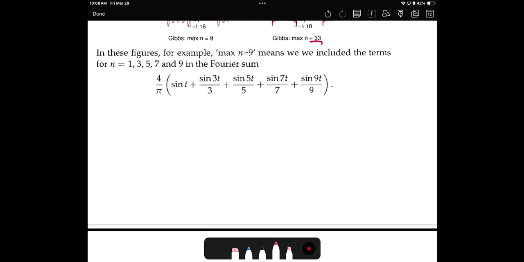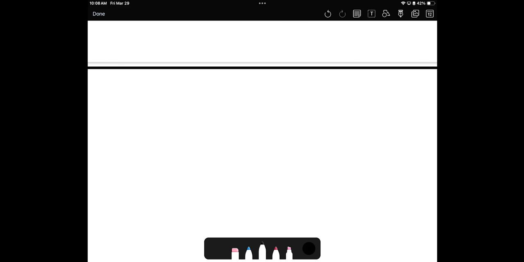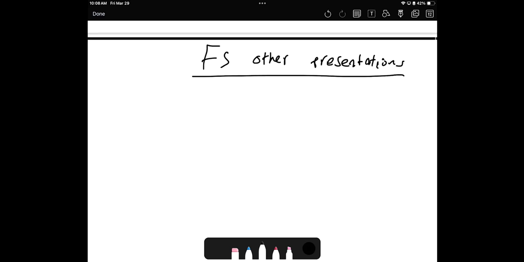Now let's go to the other presentations of Fourier series. So the first presentation is called the amplitude and phase representation.